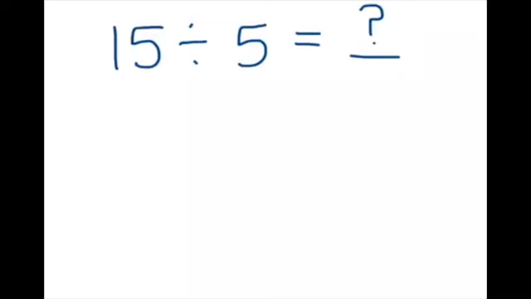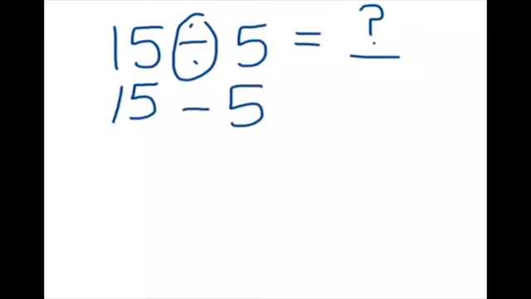That's the unknown. So with this strategy of repeated subtraction, first, I'm going to just think about this problem and look at it. What does that division sign look like to you? It sort of looks like a minus sign, right? 15 minus 5?